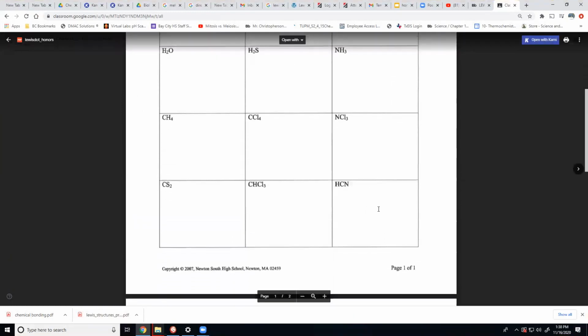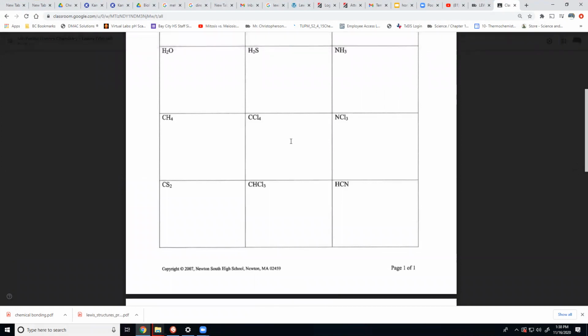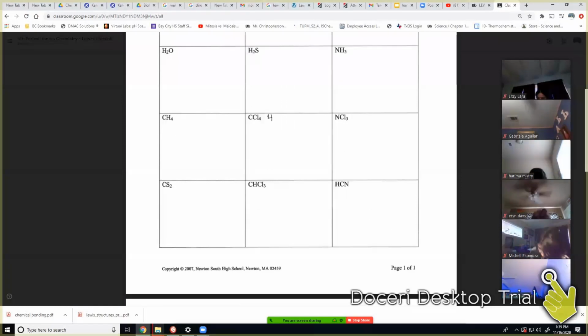We're going to try carbon tetrachloride, CCl4. Carbon had 4 and each halogen has 7, so I have a total of 32 to work with.